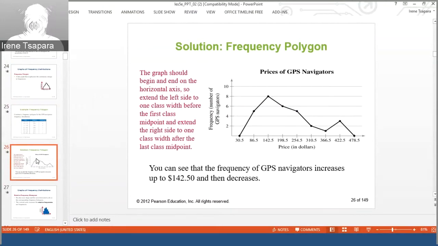Now, do you ever create a frequency polygon? The bell curve. For those of you who remember the bell curve for the normal distribution, the bell curve is a curve. It's not a polygon because we don't have a discrete variable to work with. We have a continuous variable. So that's what makes it a curve.